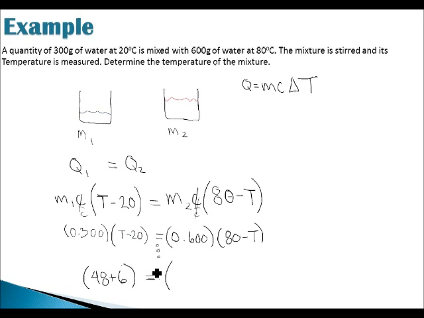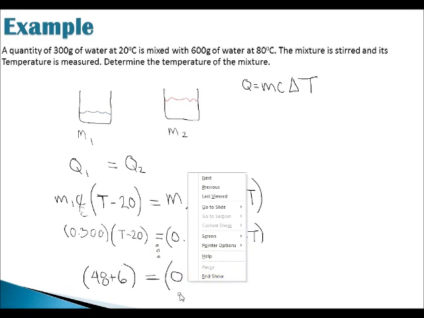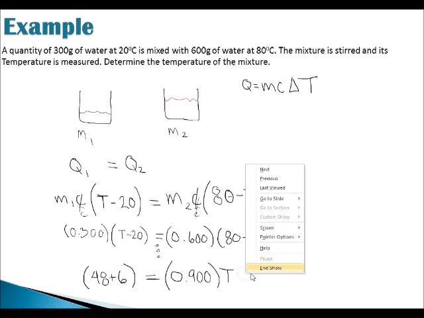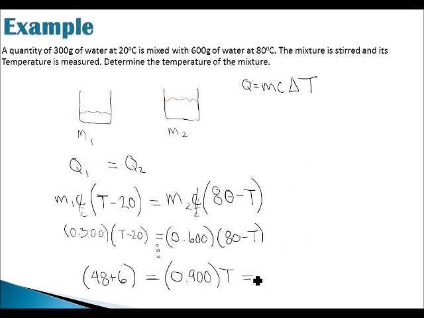Equals, and now we look at the temperature side of things. So we have 0.3 and 0.6. If we move all that to one side of the equation, we get 0.900 times the temperature. And just one more step.